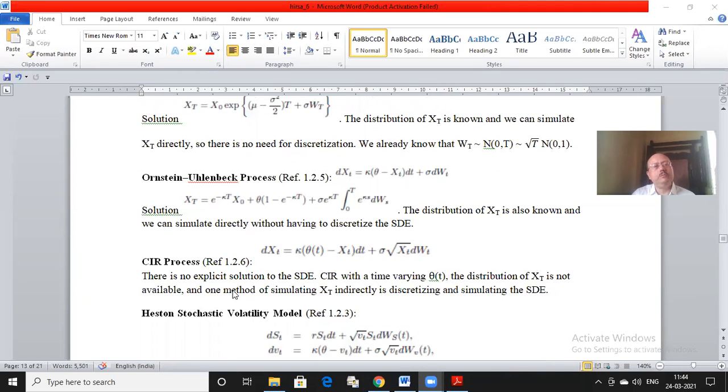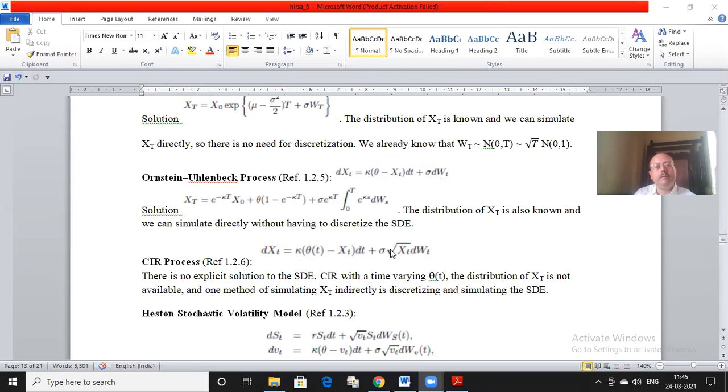Then we move on to the Cox-Ingersoll-Ross process, the CIR process, which is a generalization of the Ornstein-Uhlenbeck process. So now we make theta dependent on time and sigma dependent on the state.